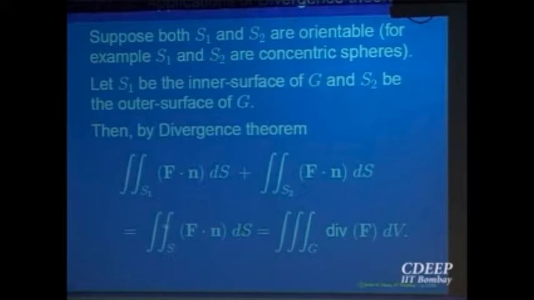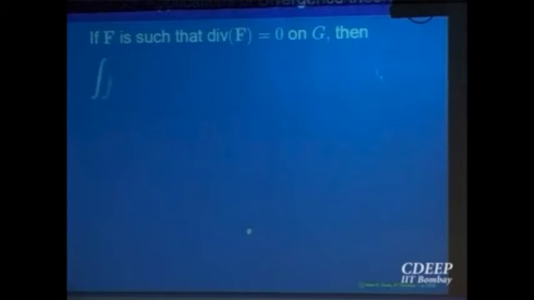So the basic idea is, supposing you have a region enclosed by two non-overlapping surfaces. One is outer, the other is inner. Then the integral over S1 plus the integral over S2, that is the integral over the boundary of the region enclosed, is equal, by the divergence theorem, to the integral of the divergence over the region G. If that happens to be 0, that will give you the integral over S1 equal to minus the integral over S2 with appropriate orientations. So that is the idea.